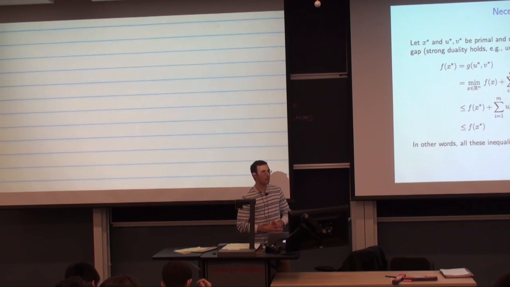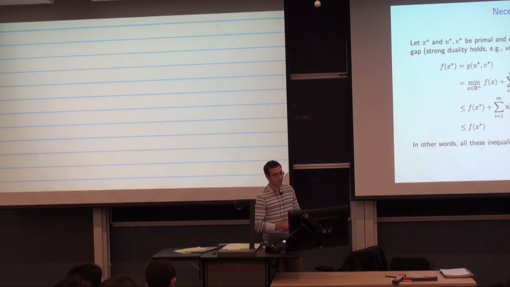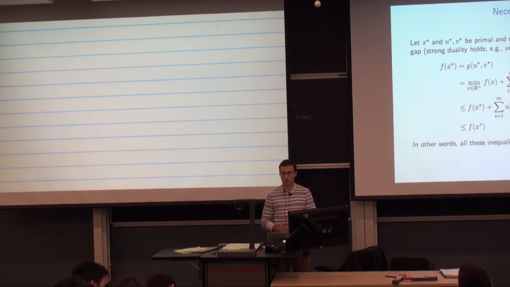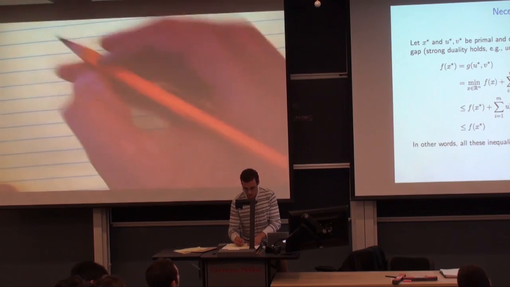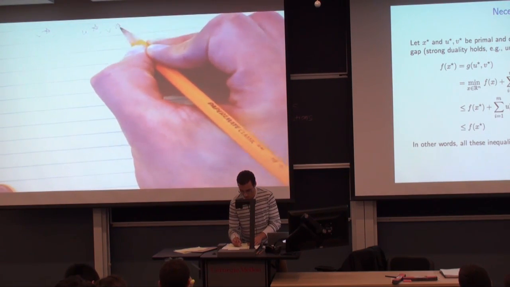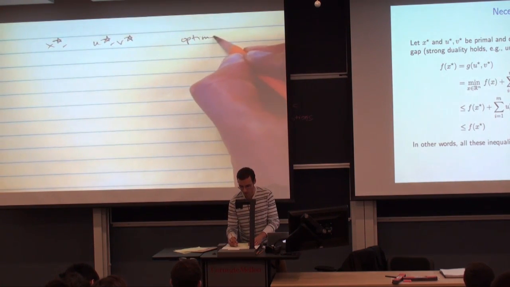So we're going to work through this together instead of stating the results and then working through them. So let's think about necessity. For example, if I had x star and u star and v star, and they were primal and dual optimal, okay, so they're optimal for their respective problems.